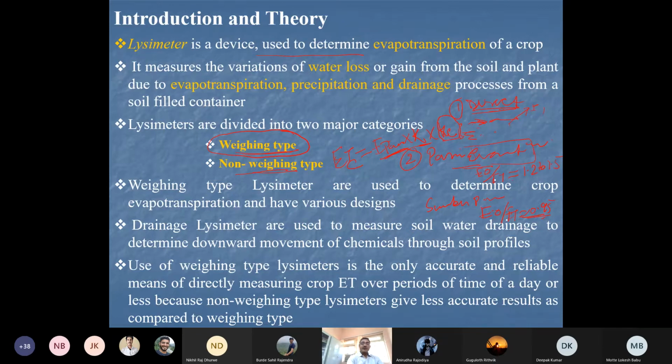We can find out ETc, the evapotranspiration of that particular crop. So the first method is direct measurement, the second is based on pan evaporation, and the third method is estimation from the climatic data to find out ET of the crop.